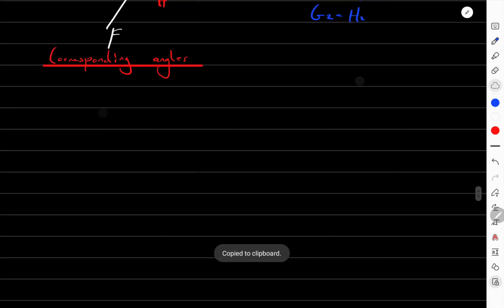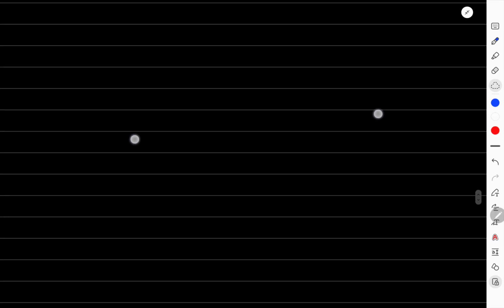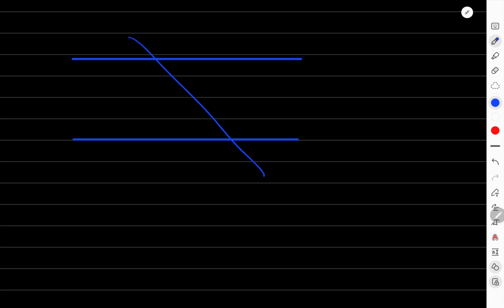Now let us go to the calculations. We are also going to calculate the unknown angle. Let me just draw my diagram here. I'm going to have a diagram which is like this.